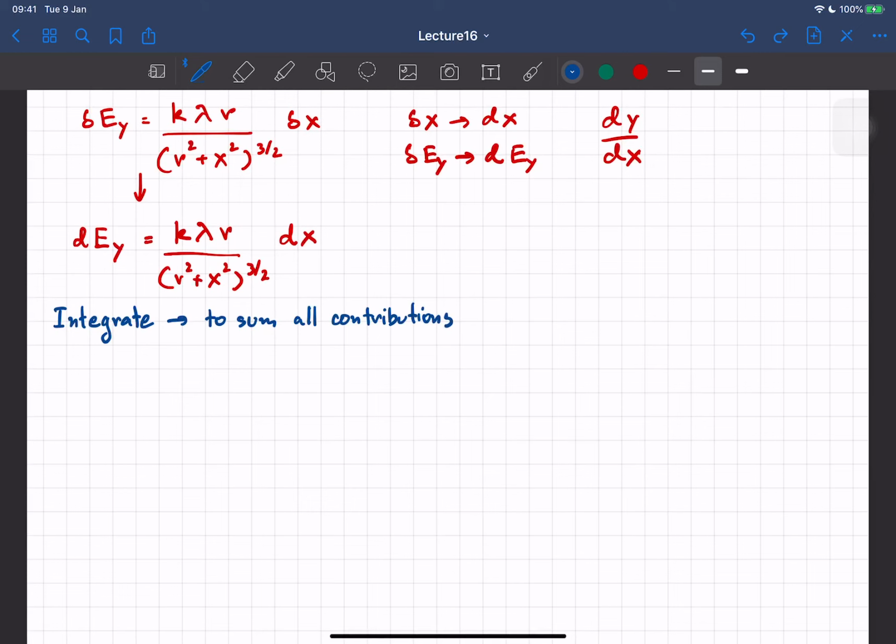To integrate is to sum all the contribution, so we just need to put the integral sign. So integrate dEY is equal to integrate k lambda r divided by r squared plus x squared to the 3/2 power, and then dx like this.